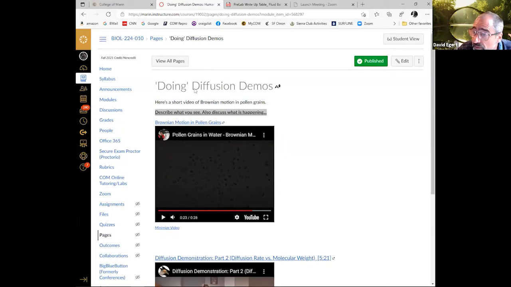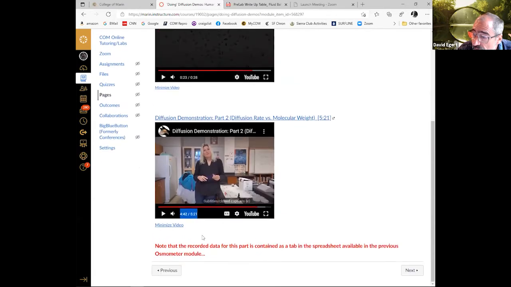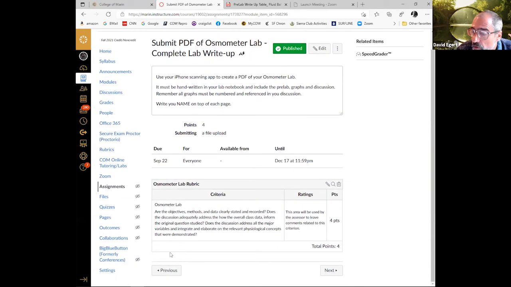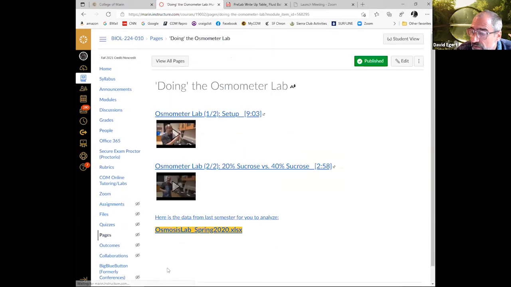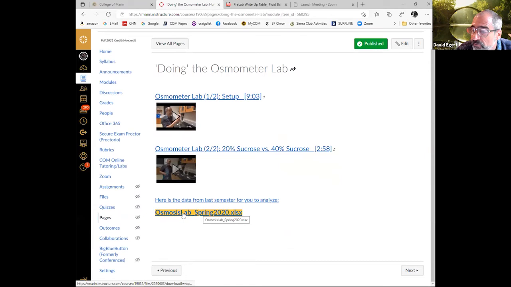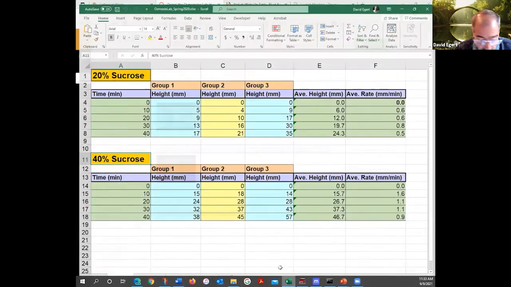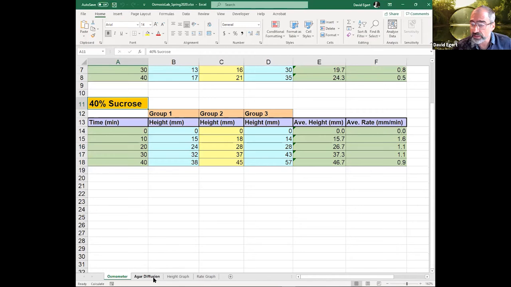When you're done, it says, note, the recorded data for this part is contained as a tab in the spreadsheet available in the previous osmometer module. I should have just put it here as a separate thing, but I didn't. So if you go back to that Osmosis Lab spreadsheet, there's the agar diffusion tab.